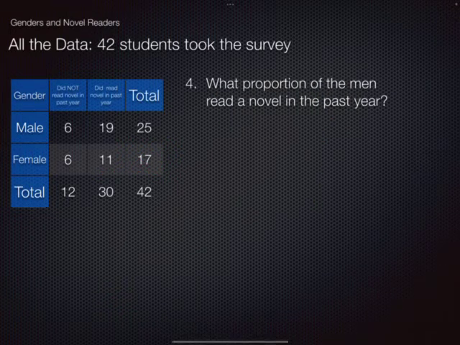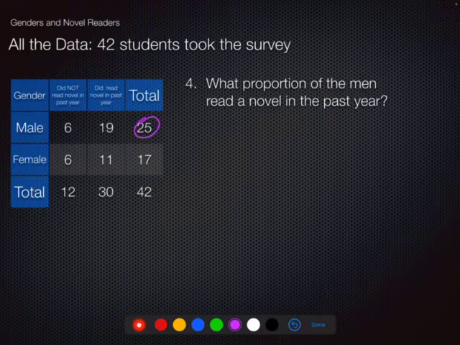Problem number 4. What proportion of the men read a novel? Let's go to our men. There was 25 men. Men read a novel. That's 19 out of 25. Again, we can leave that as a proportion, or I'm going to go ahead and multiply the top and bottom here by 4. And I'll show you why in a second.